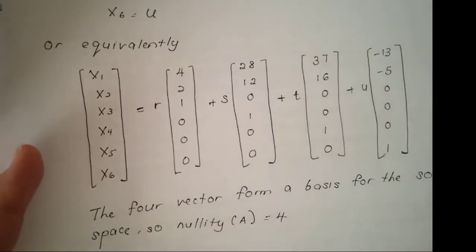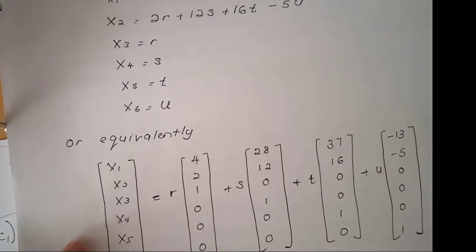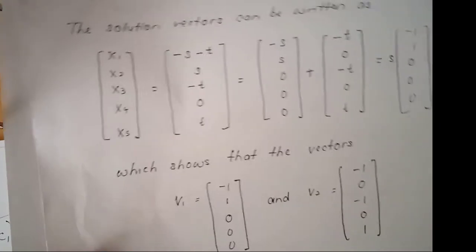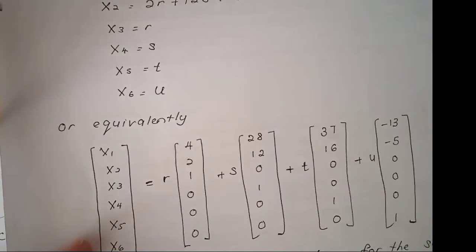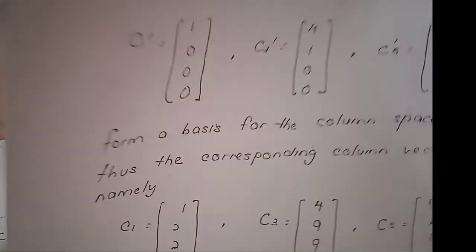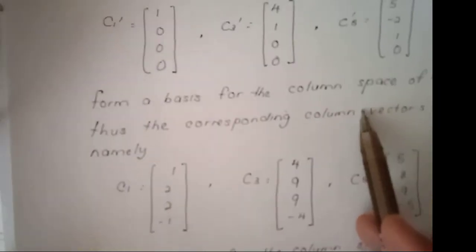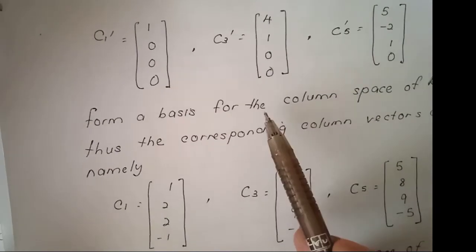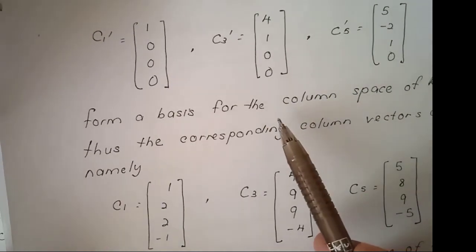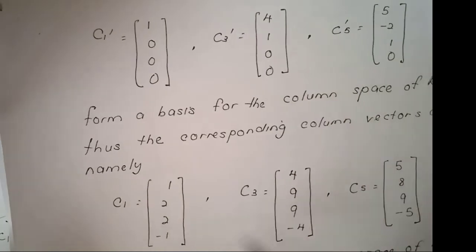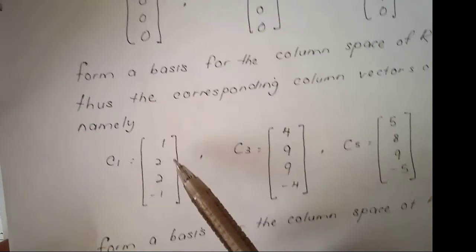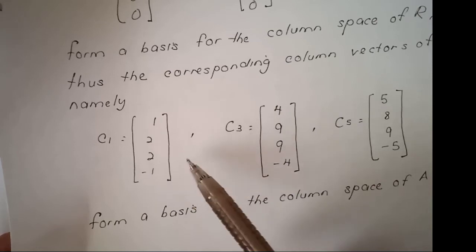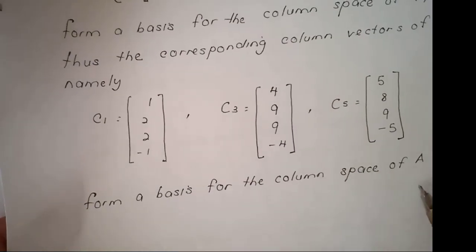But for the basis of the column space, we take the columns which have a corresponding leading 1, and refer back to the original columns in the first matrix A. That will be a basis for the column space of A.